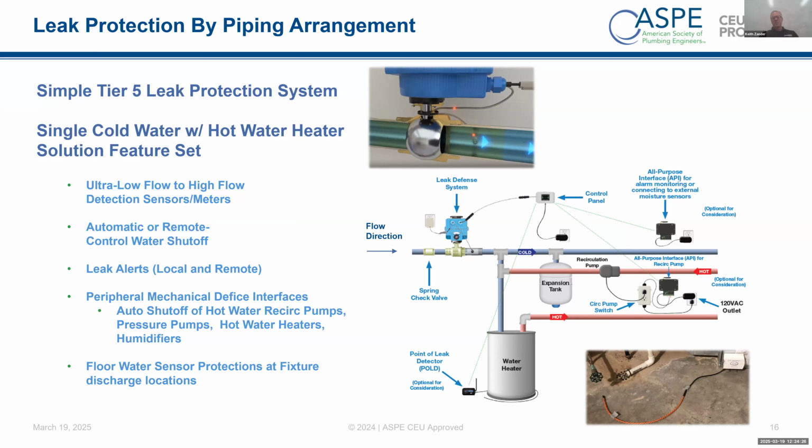So this is a simple tier 5 leak protection system. I show the piping diagram. Everything in blue font on this piping diagram is the parts and pieces of a leak detection system. On the left-hand side, you'll see the actuator, the ball valve, and the flow sensor. Of course, I put a spring check there.